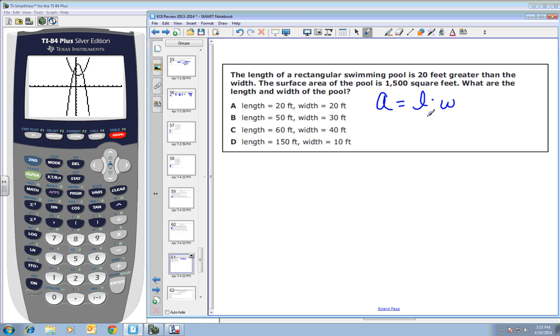Okay. Now it told us the area. The area is 1,500. And then what did it say? It said the length of a rectangular swimming pool equals 20 feet greater than the width. So my width plus 20.